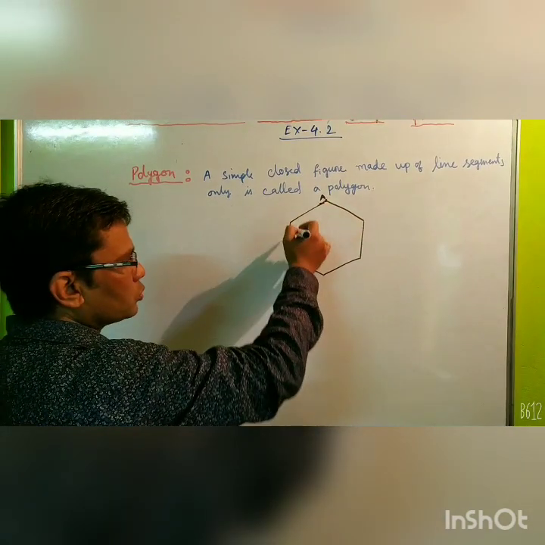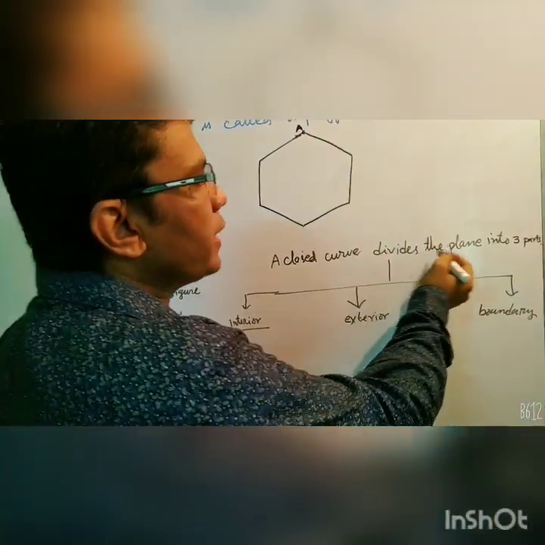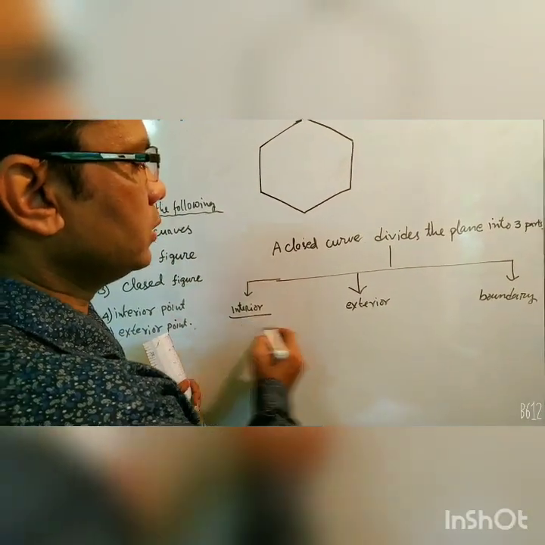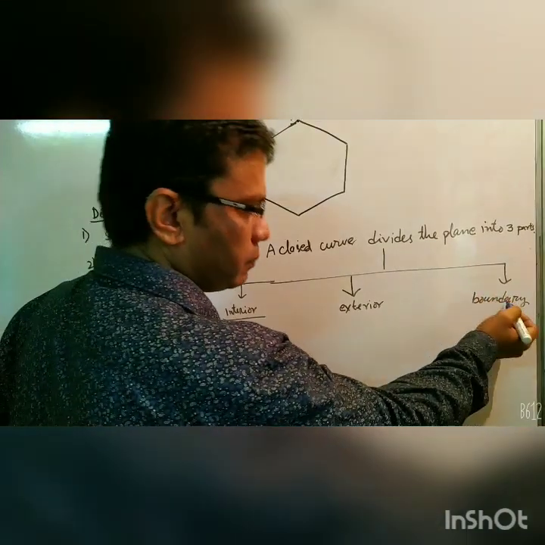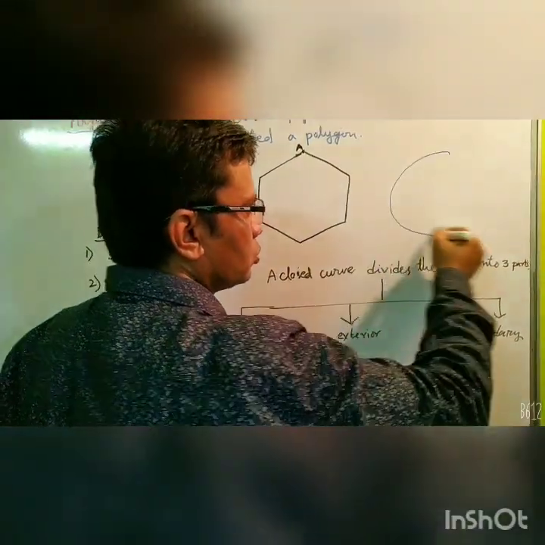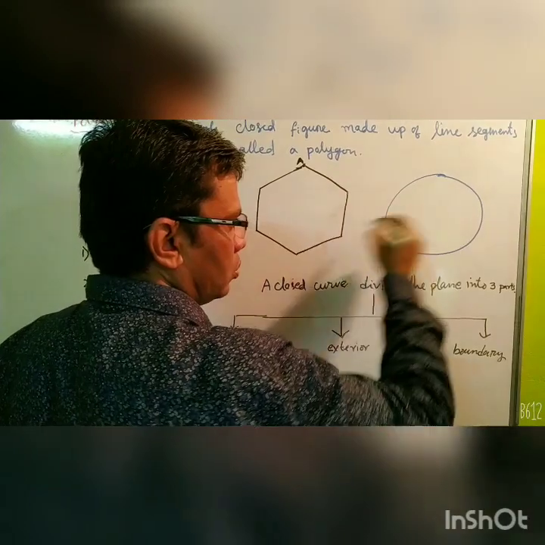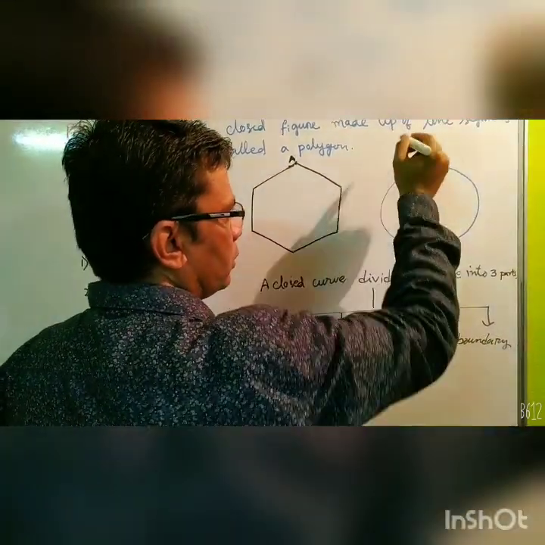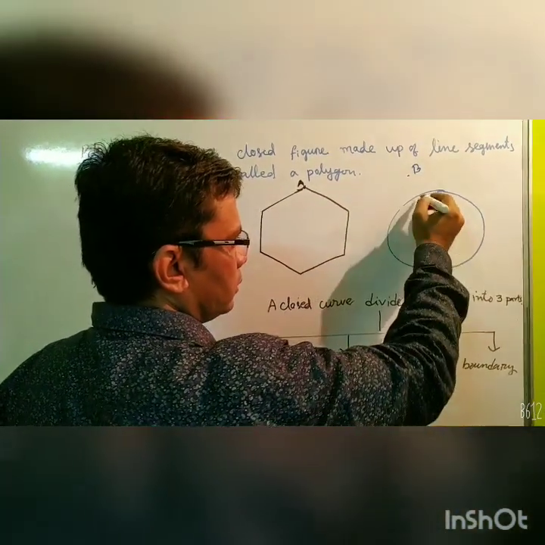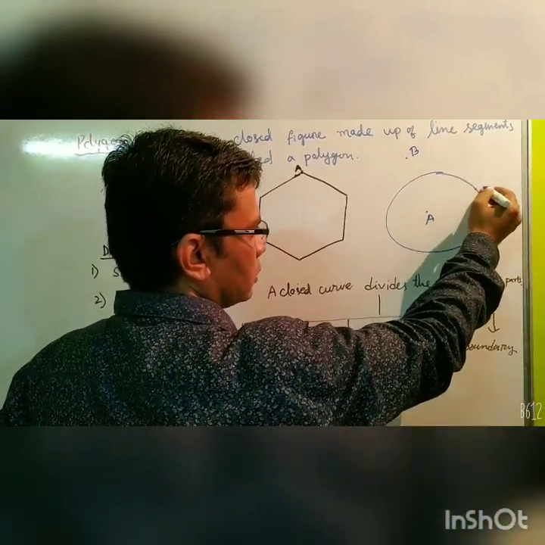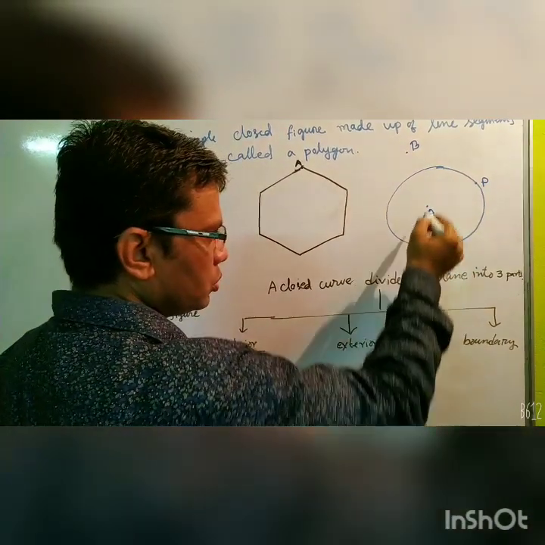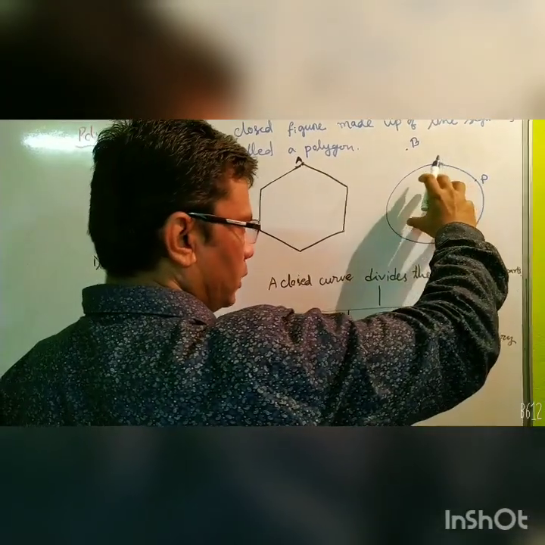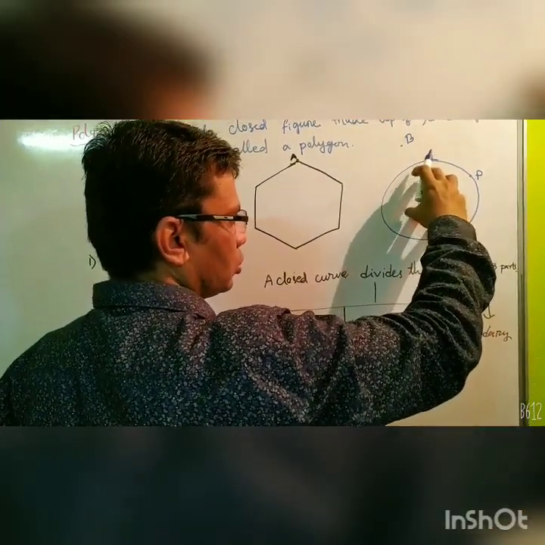Now we will discuss how a closed curve divides the plane into 3 parts: interior points, exterior points, and boundary. Suppose this is a closed curve. One point is A, another point is B, and the third one is P. What is the situation of these points? A is in the closed figure.